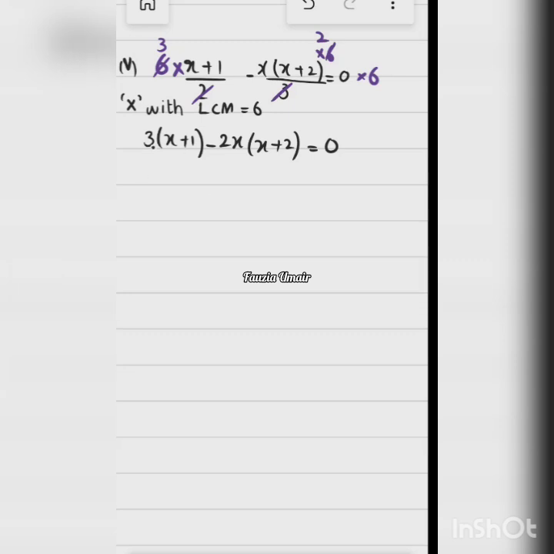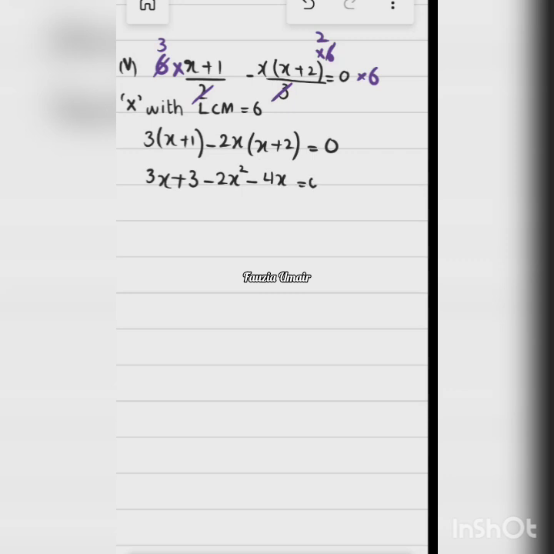So now we will just expand it. 3x plus 3 minus 2x square. 2x into x would be 2x square, and this sign will be changed to minus, 2 twos are 4x.